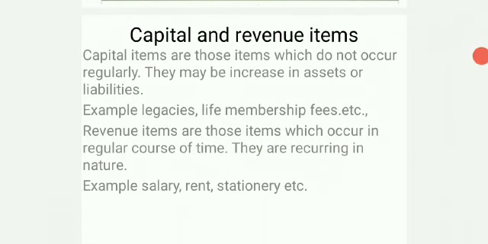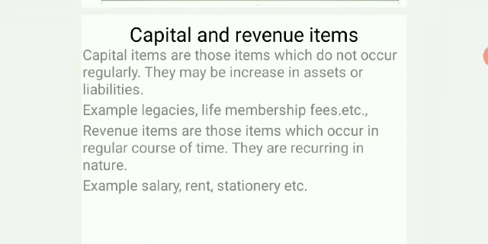Next, capital and revenue items. Capital items are those which do not occur regularly. They may be an increase in assets or an increase in liabilities. Examples: legacies, life membership fees, etc. Revenue items are those which occur in the regular course of time.